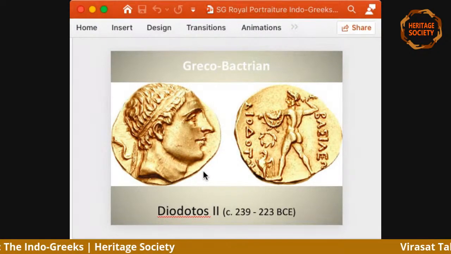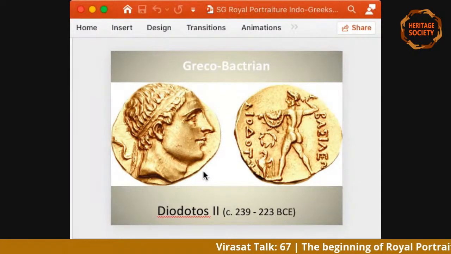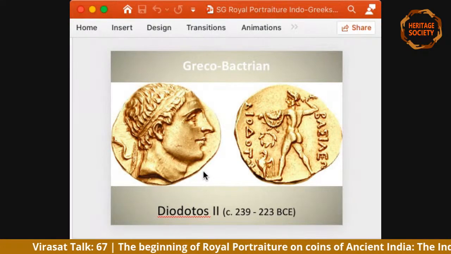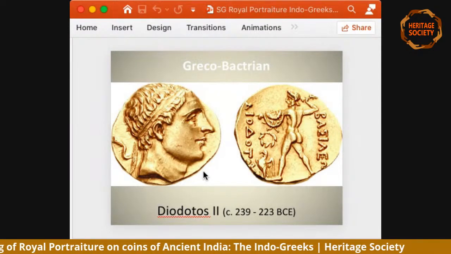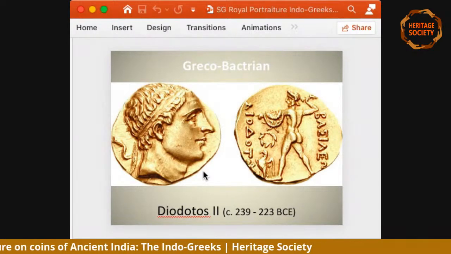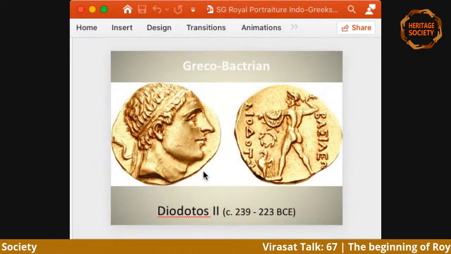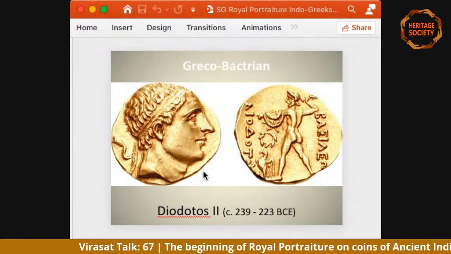Numismatists have generally been unable to distinguish which coins are of which Diodotus, but on the basis of the young face and elder face, the distinction has been made. So sometimes even a slight change in the depiction can be of great help in deciding certain historical facts.